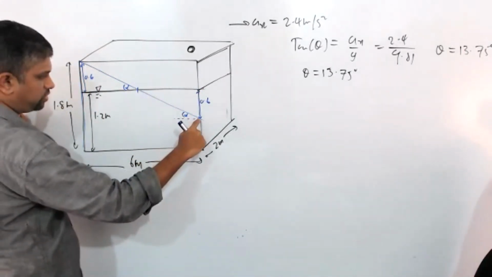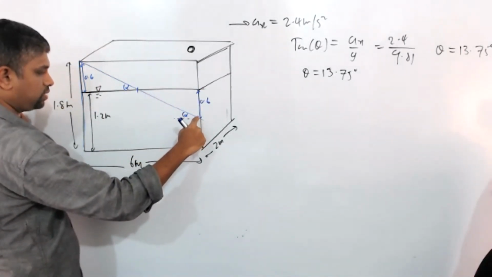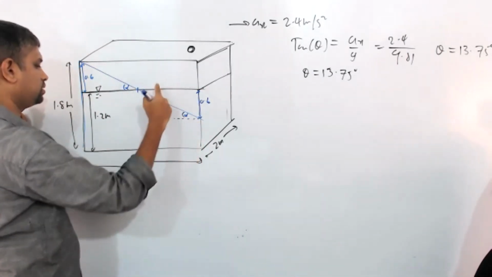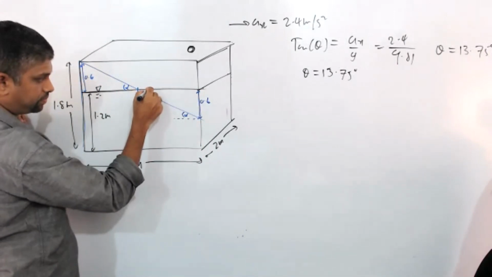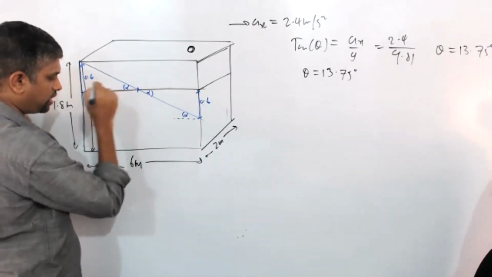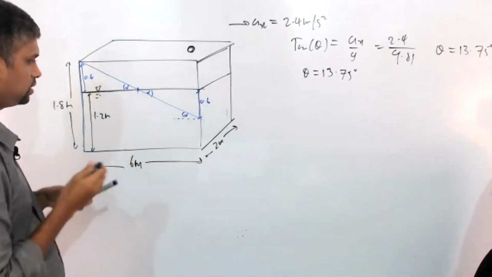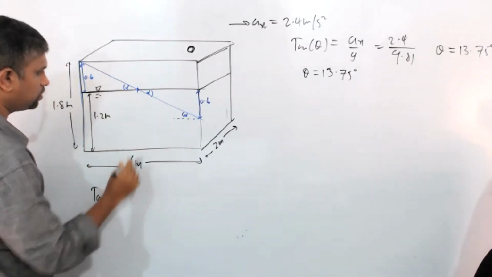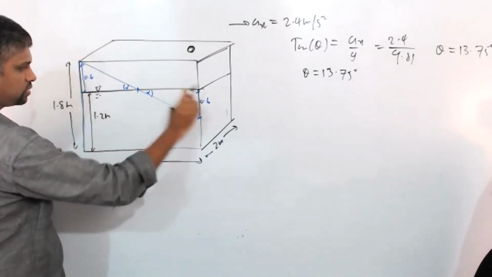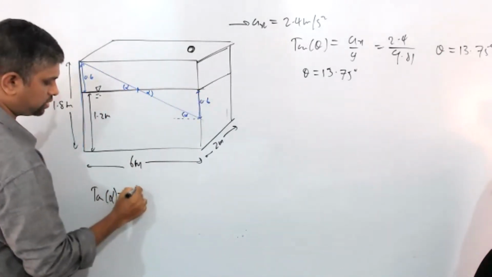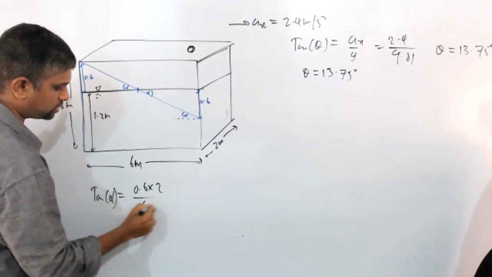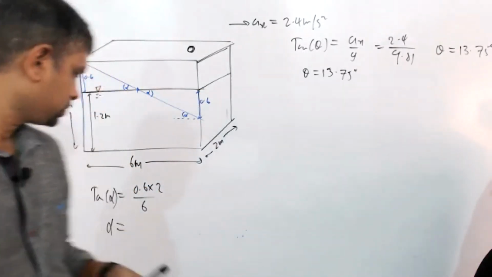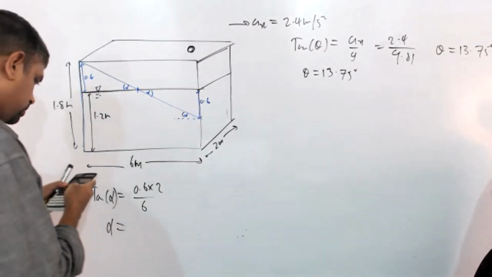Alpha is another point that you have to consider. Then you have beta. Anyway, you can calculate alpha. Let's see, tan alpha is equal to 0.6 into 2 divided by 6. We can calculate alpha. Tan inverse.